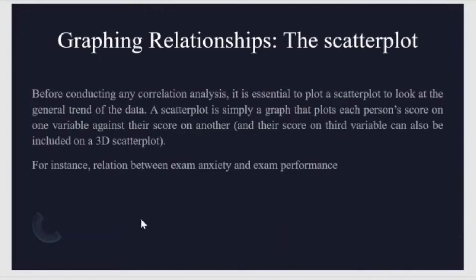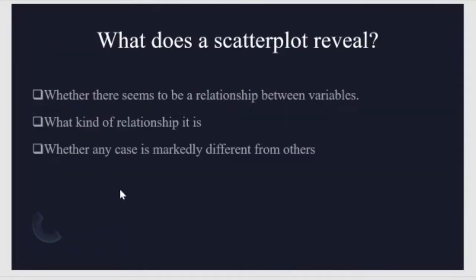Also, there are different types of scatter plot like overlay and matrix that I will also discuss. So suppose I want to know the relationship between exam anxiety and exam performance. I can use a scatter plot to express the relationship. Just let me discuss these two slides, then I will show you how to draw a scatter plot.